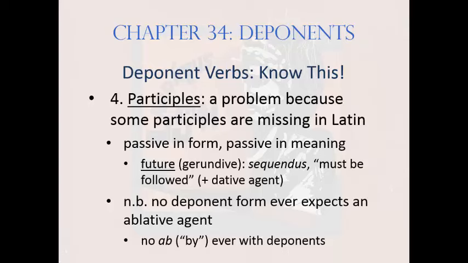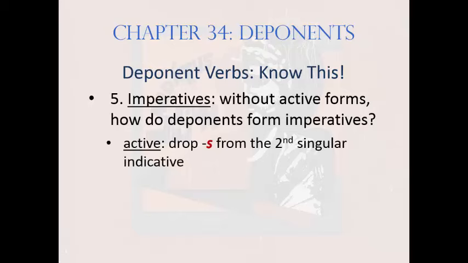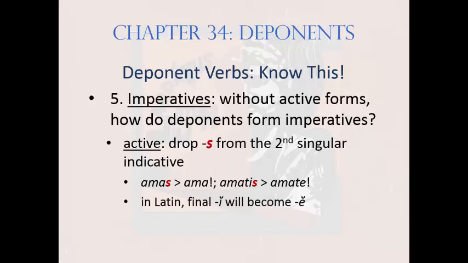Here's the one exception, the imperative. Again, it comes down to Roman generals, who had to have a way of saying follow, do it. So how are deponents going to form imperatives? Remember, there are two, singular and plural. Think about it. If regular Latin verbs create active imperatives by dropping the final s off the second person indicative form, like ama, love, versus amas, meaning you love or you are loving, and in the plural, amate versus amatis, remember, Latin doesn't like a short i at the end of a word.